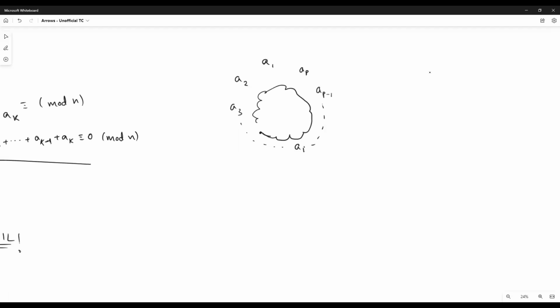Just note that, for the sake of contradiction, assume that we don't have such a string of consecutive indexes. So assume such an a_j doesn't exist.